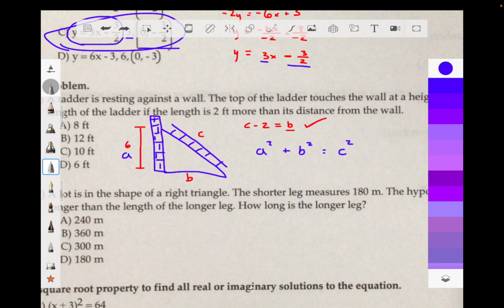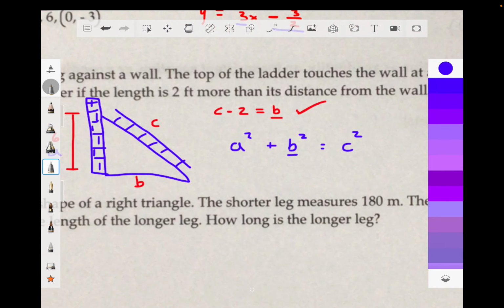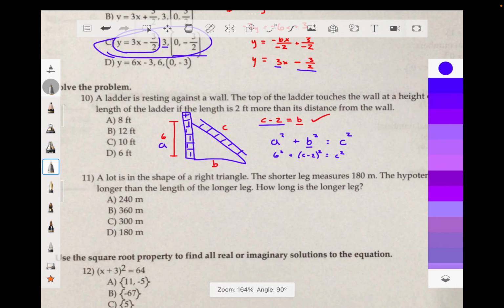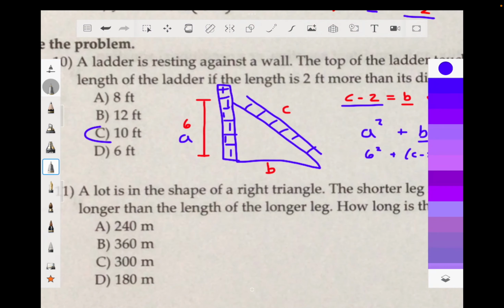So it's better to substitute this b with this equation right here and then solve for c. So it'd be 6 squared plus c minus 2 squared equals c squared. And then you could solve for c and you get 10 feet.